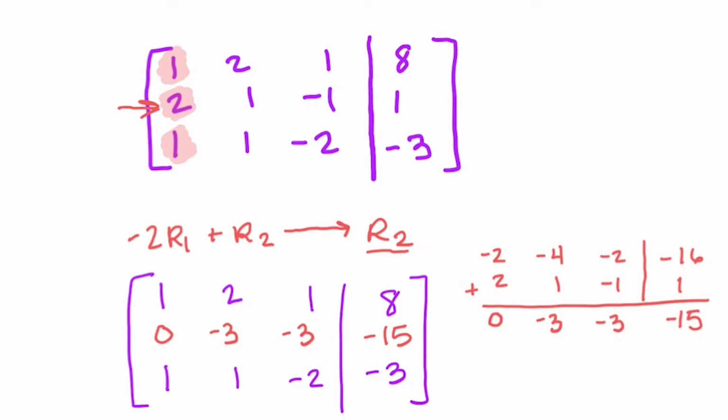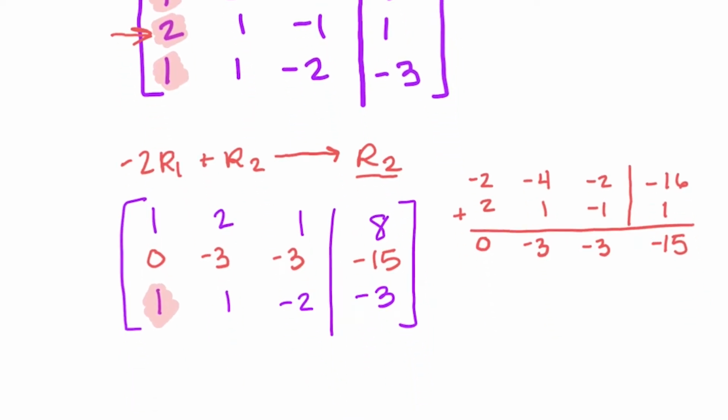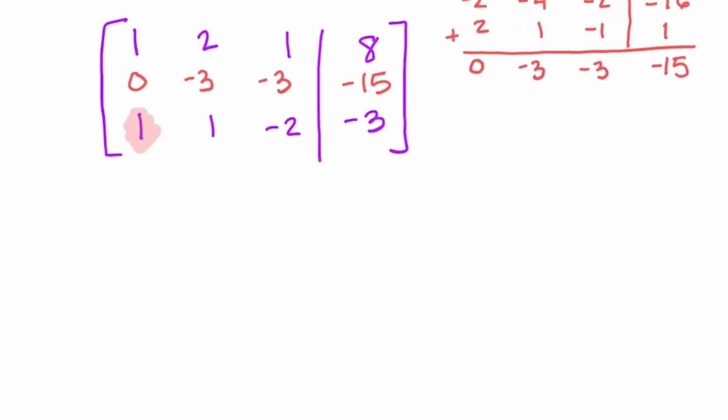Now I'm going to move on to this one right here. I want that 1 to also be a 0. We can't multiply this 0 above it by anything, because anything multiplied by 0 is 0. So I'm going to use row 1 again to help me with row 3. So what if we just did row 1 minus row 3?